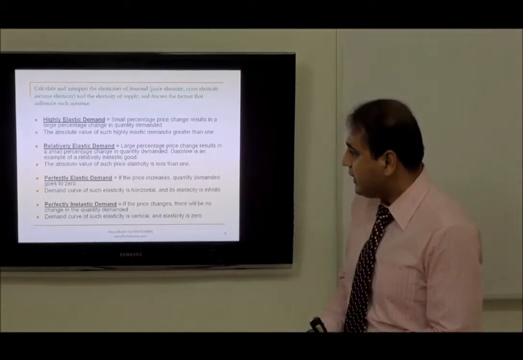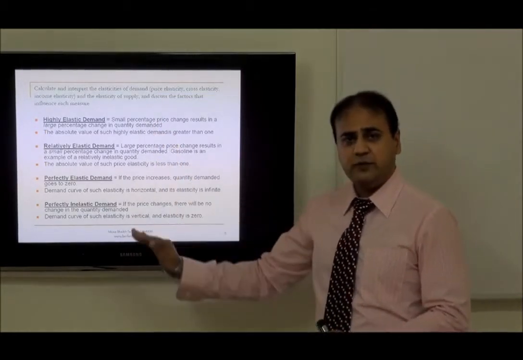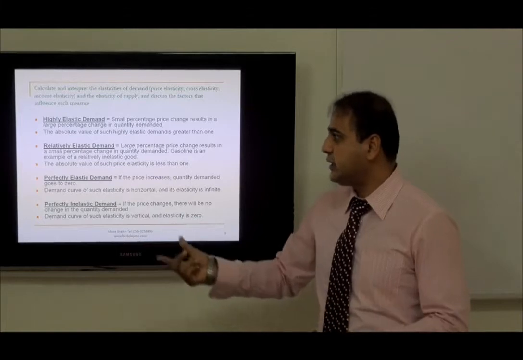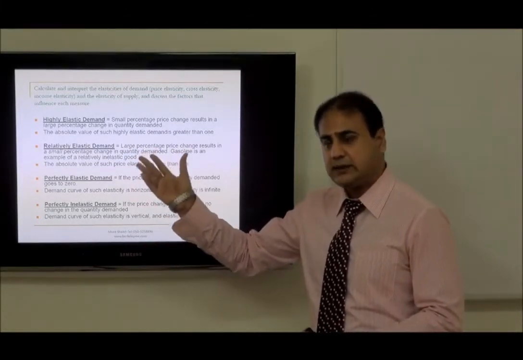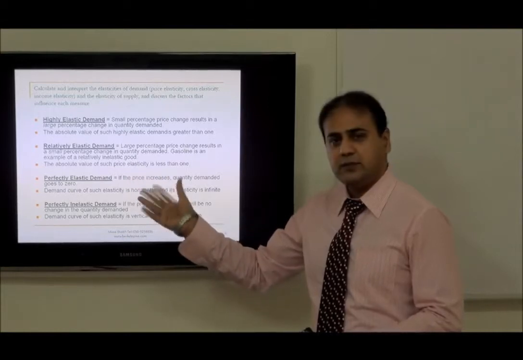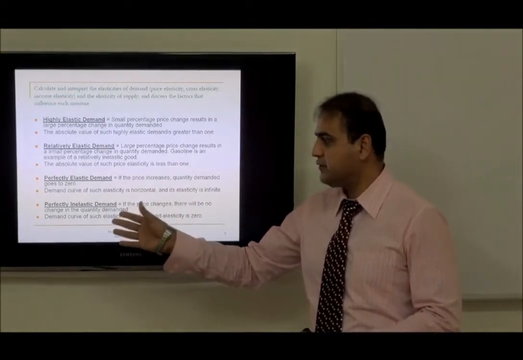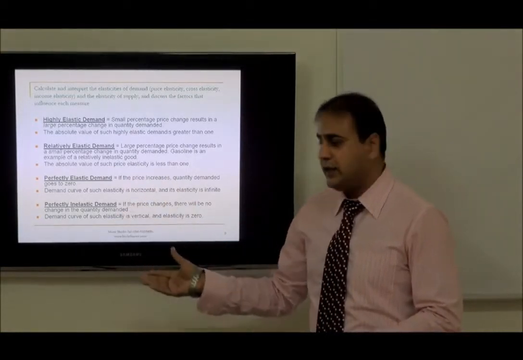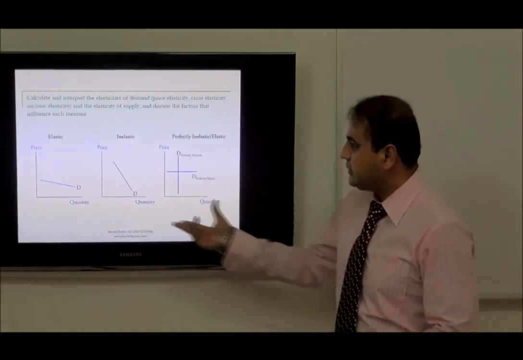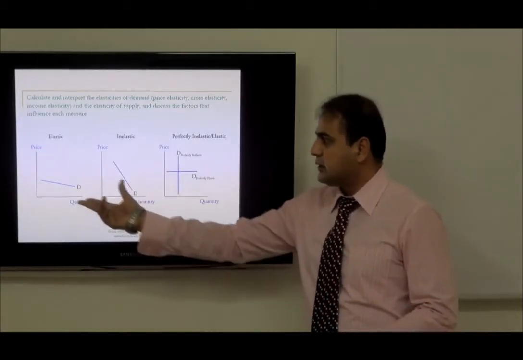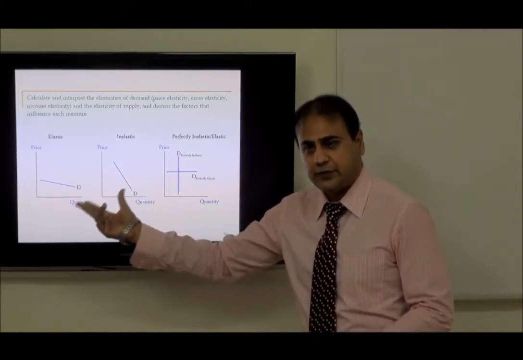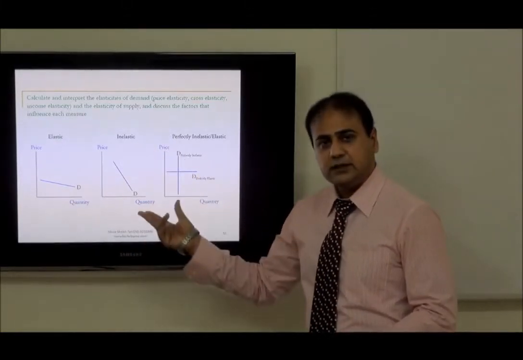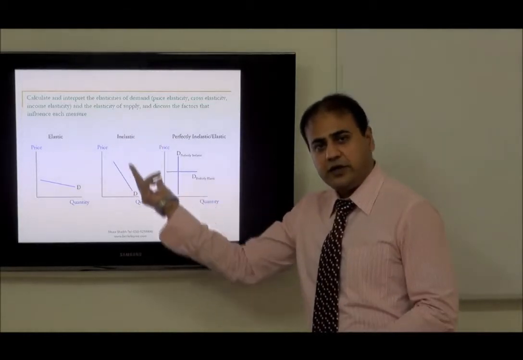Now, elasticity has different behaviors which we can classify as highly elastic, relatively elastic, perfectly elastic and perfectly inelastic. In terms of curves, you can see here that the elastic curve is generally a horizontal curve, while the inelastic curve is like a vertical curve.